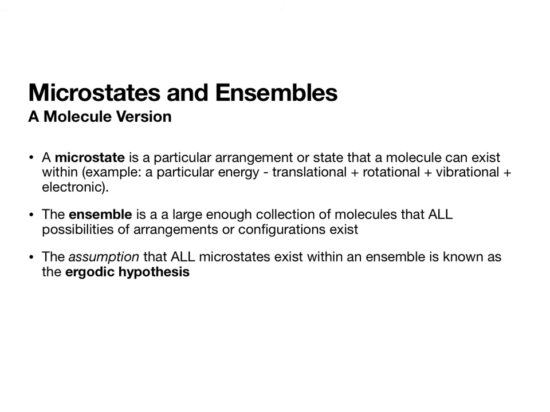The ensemble is a large enough collection of molecules that all possibilities of arrangements or configurations exist. And this assumption that all microstates exist within an ensemble is known as the ergodic hypothesis.